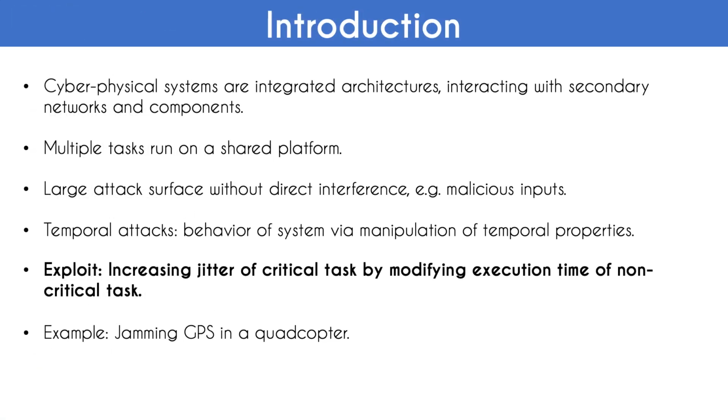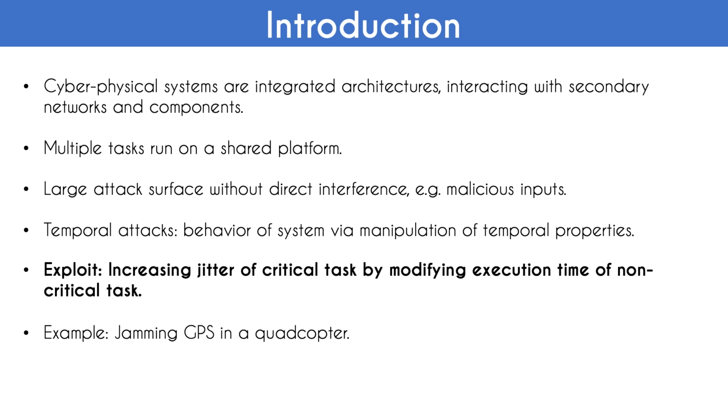So cyber physical systems are pretty much embedded in our everyday life, starting with smart home systems in our homes to electric vehicles and whatnot. All of these systems are integrated architectures. A particular cyber physical system might have several other cyber physical systems. For example, the electronic control unit within a car might also be responsible for controlling the GPS system of the car.